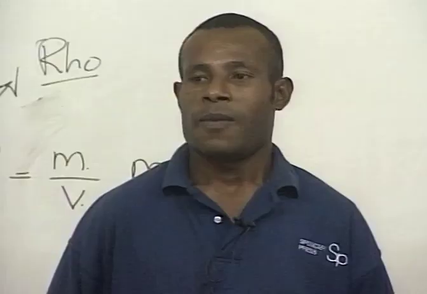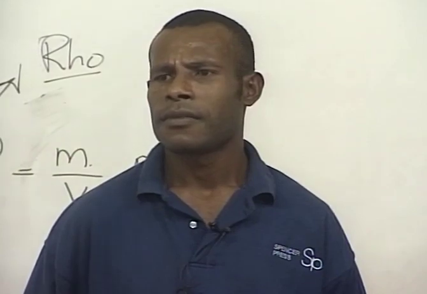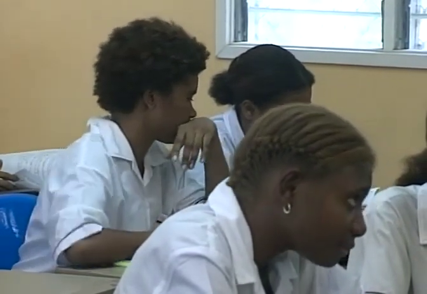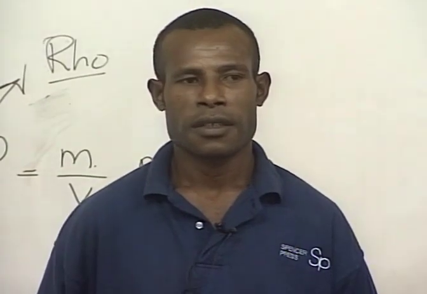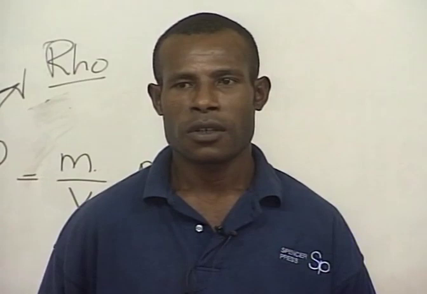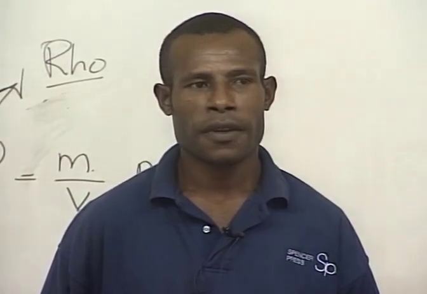Density is the amount of mass per cubic centimeter. Okay, from Mary's explanation, density is the amount of mass per cubic centimeter. Has anybody got a different explanation of that?